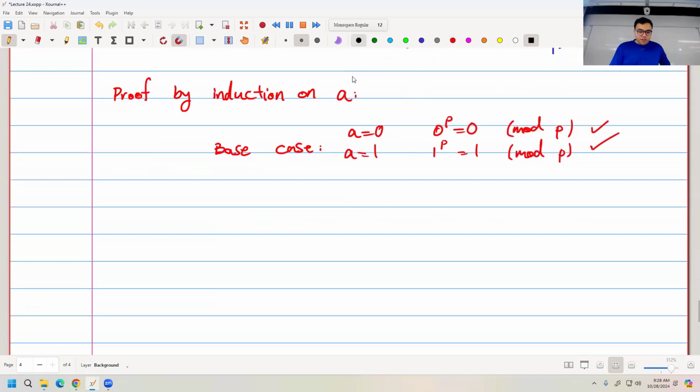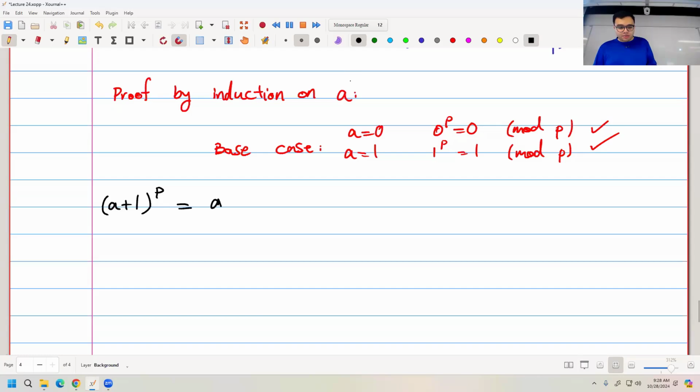Okay, now I want to do my induction step. So I want to look at A plus 1 to the power of P. But what is this? We've had the binomial theorem. We know how we can expand this, right?